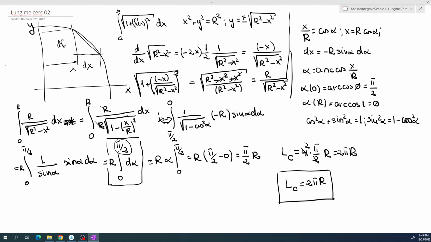In the case of the circle, when I went to polar coordinates, the integral was extremely simple to calculate.